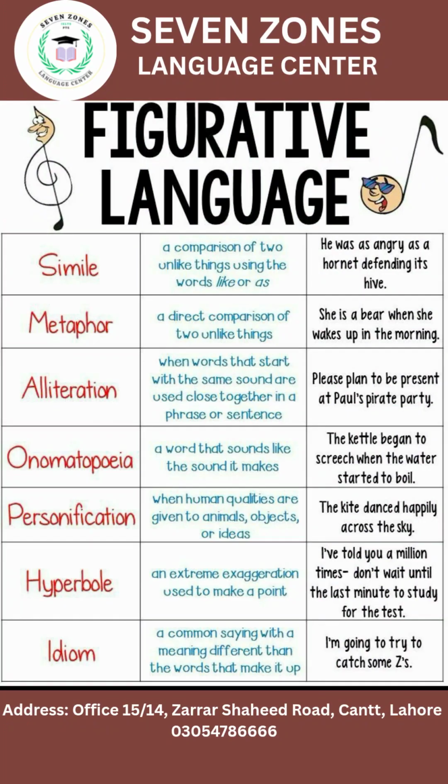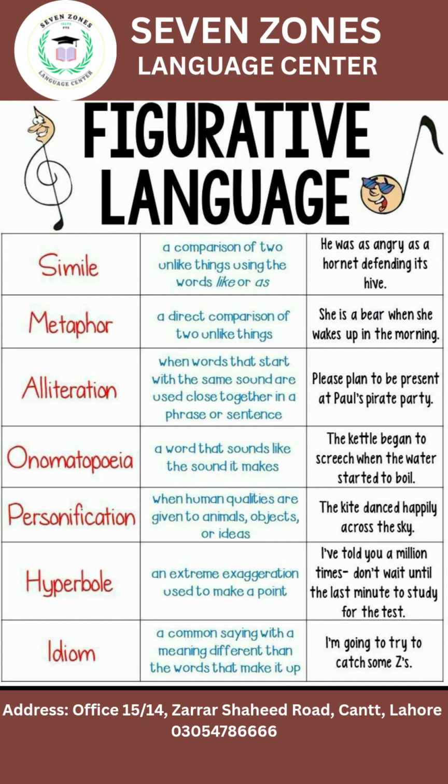Okay, so there are different types, terms and categories of figurative language, starting with the simile. A simile is basically used where we compare two things using like and as. We can compare any two things, but the comparison should be done using the words like or as.